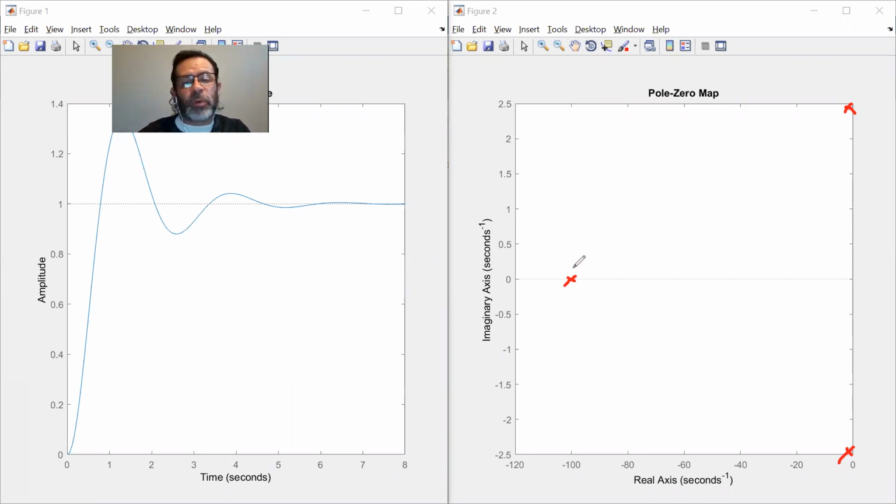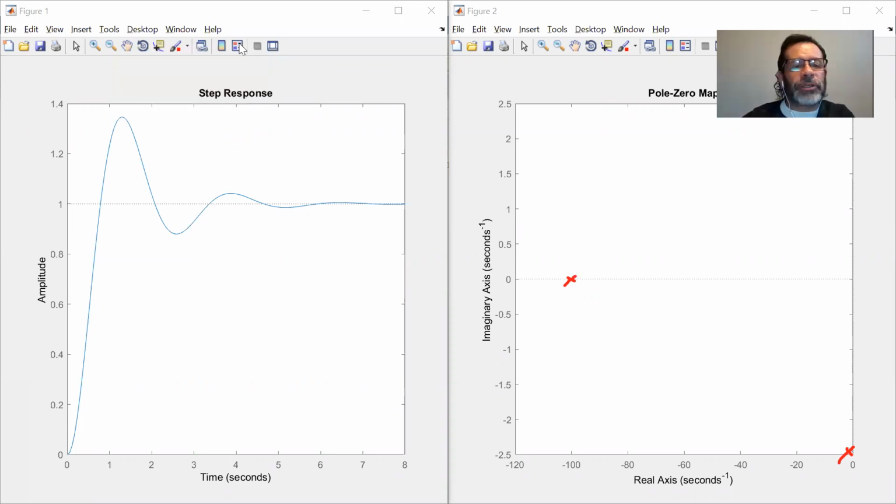And why is that? Because we've got a real component. The real component is giving me the exponential decay that we can kind of see here on the graph. And the imaginary component is giving me the oscillation that we're seeing in the graph. So the combination of the exponential and the oscillation is giving me this response.